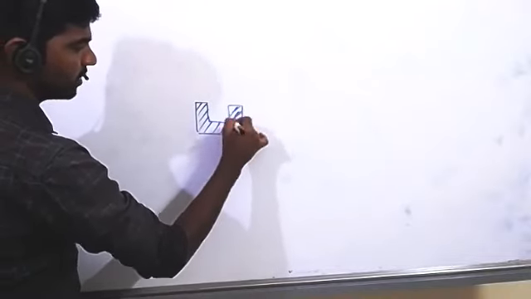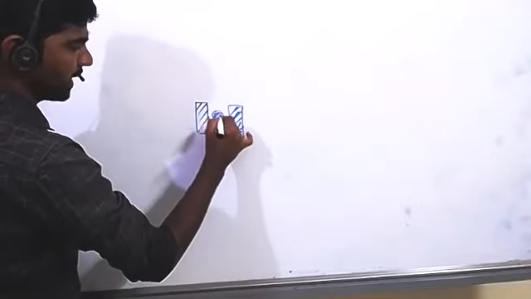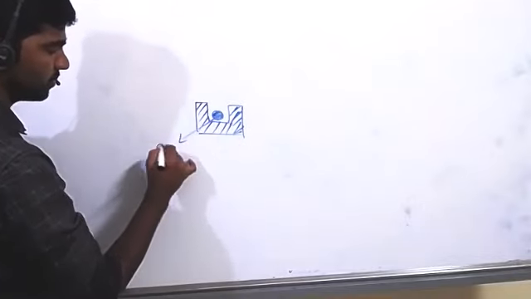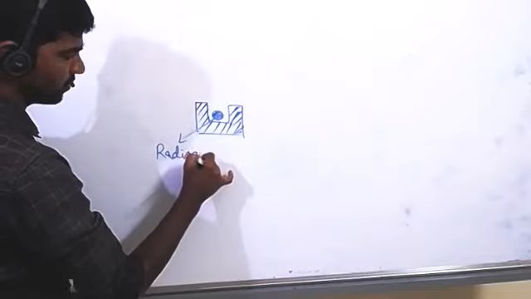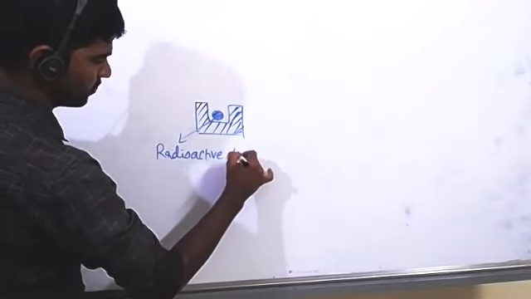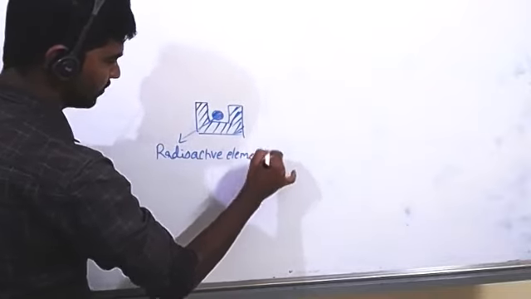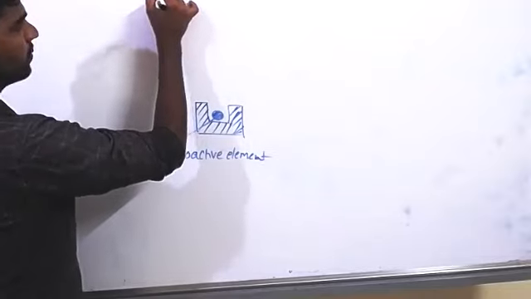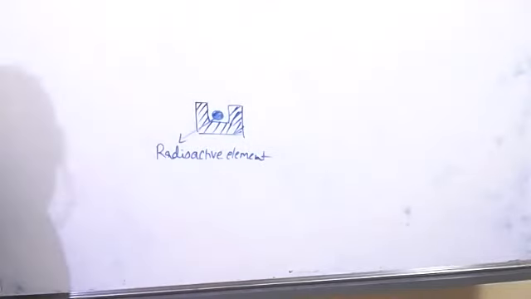So this is the lead block, inside keeping some radioactive element. Here the photographic plate is not visible.